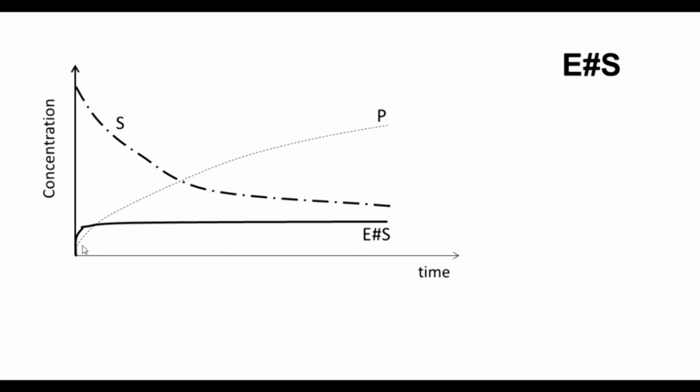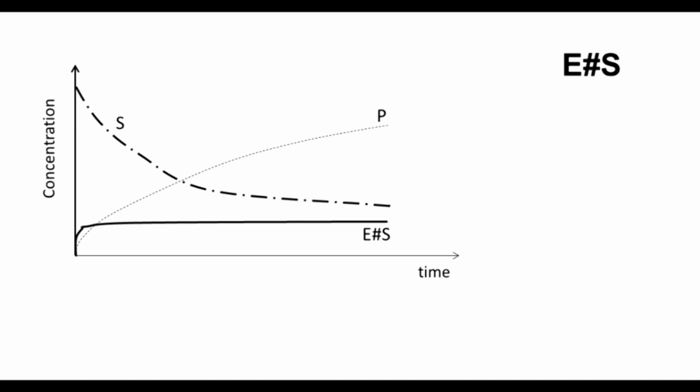And the enzyme substrate complex behaves something like this. At very small times, there is an increase, and then there is no change in the concentration of the enzyme substrate complex. So, apart from very early times, the concentration of the enzyme substrate complex does not change.